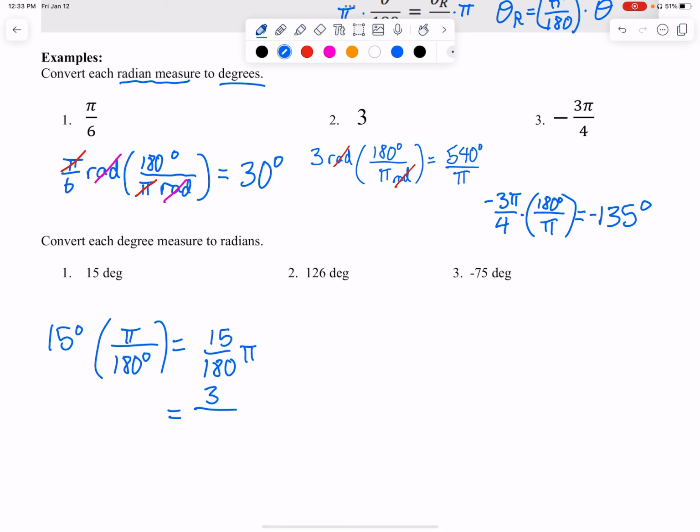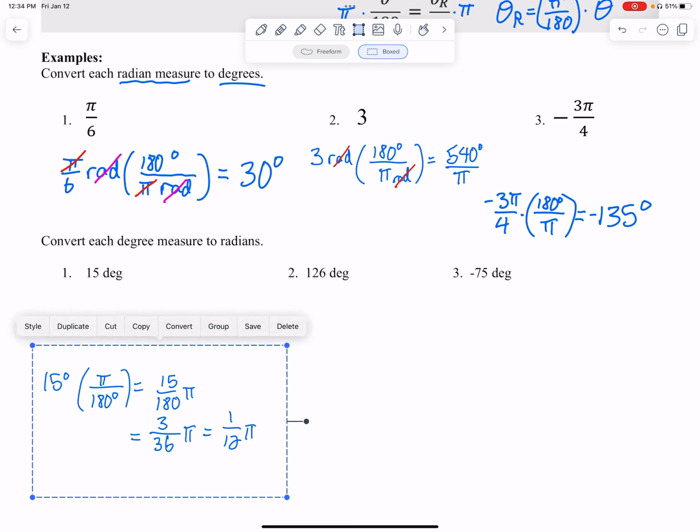I got 3 over, and then that would have been 40 if it was 200 minus 4, so it's 36. It looks like it goes down even more. So this is 1 over 12 pi. I believe that's it. Let me do 180 divided by 5 real quick, because I'm now second guessing myself. 36, we're good. All right, so we don't have to put rad. You can. You're more than welcome to, but we don't have to.